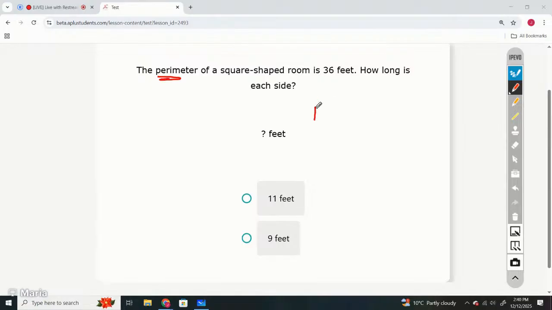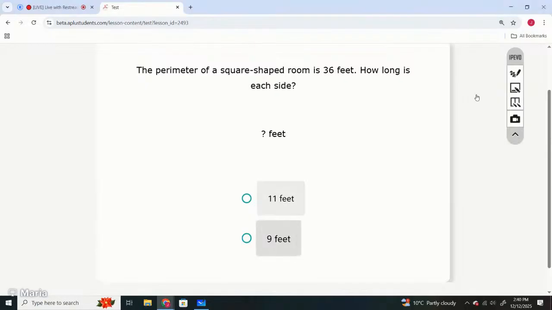So p plus p plus p plus p is equal to 36. So 4p is equal to 36. So very good. Then p is equal to 9 feet. Option number 2 is the correct option.